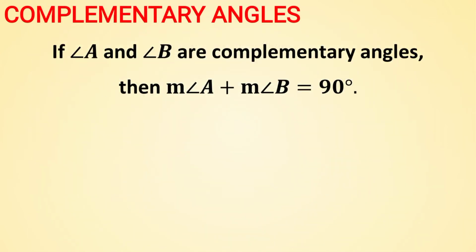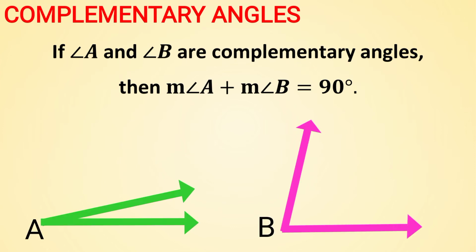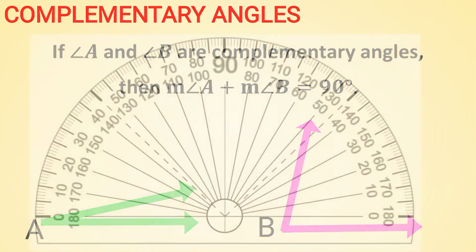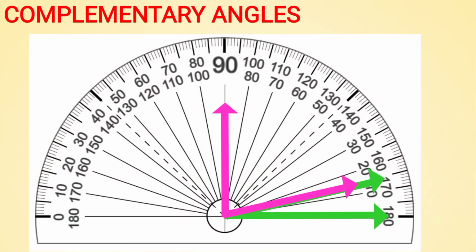Complementary angles. If angle A and angle B are complementary angles, then the measure of angle A plus the measure of angle B is equal to 90 degrees. Some examples of complementary angles.